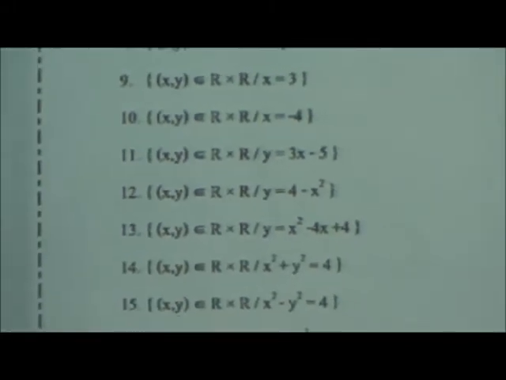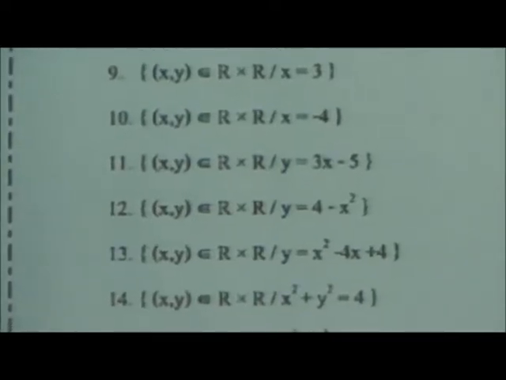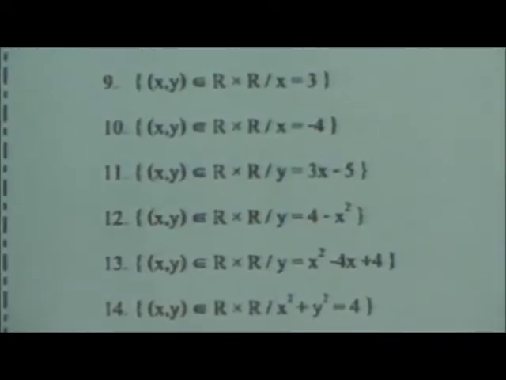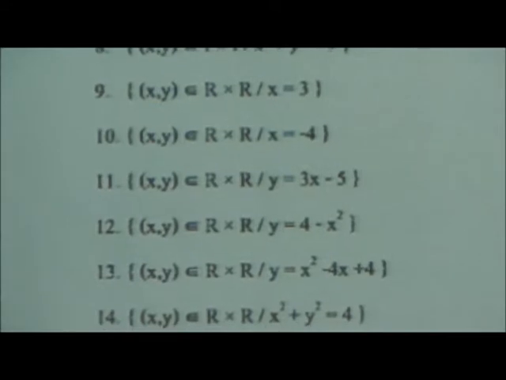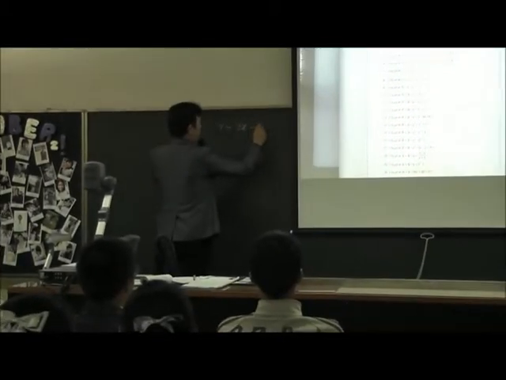What is the name of this? A straight line, or we call it a linear equation. Very good. In question 11, y is 3x minus 5.